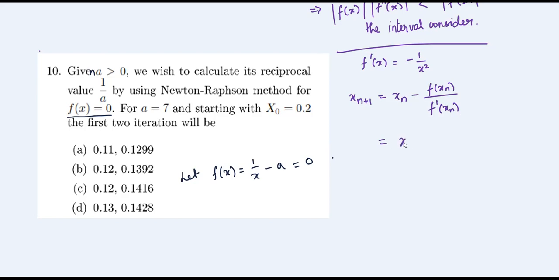So this is xn minus 1 upon xn minus a by minus 1 upon xn square. So this is xn into minus 1 upon xn is minus 1 by xn.